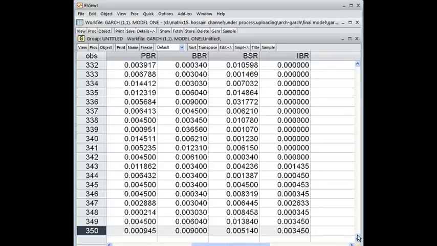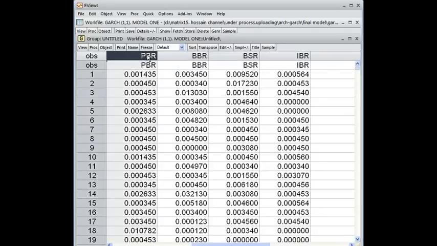And what are the variables? PBR, Pakistan bond return, BBR, Bangladesh bond return, BSR, Bangladesh stock return, IBR, Indian bond return. And here our plan is to develop a GARCH 1 model, that means first order GARCH model.